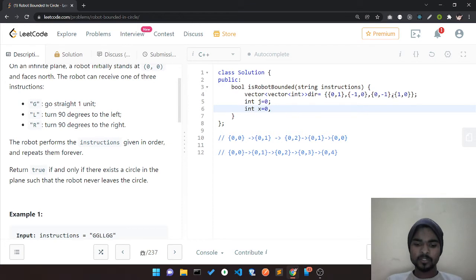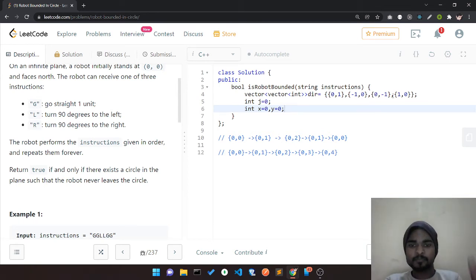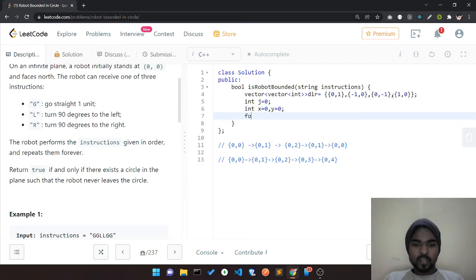So I'll make x equal to 0, y equal to 0. It denotes my coordinate on the initial state. That's why I write x equal to 0, y equal to 0. It makes some references.